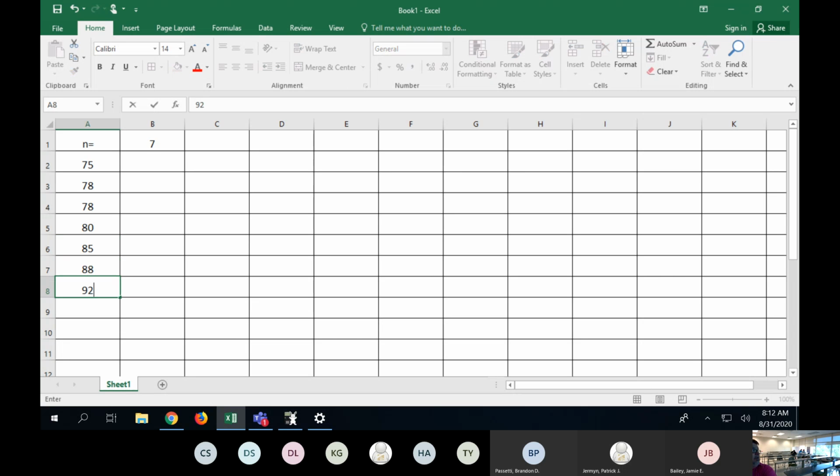How many is that? 1, 2, 3, 4, 5, 6, 7. There we go. Okay, now I want you to go ahead, and I don't care how you do it. You can do it on your calculator if you want to. I'd rather you do it by hand, because this whole Excel spreadsheet is to try to do everything by hand. So take your calculator and find the mean, median, and mode of those 7 numbers.